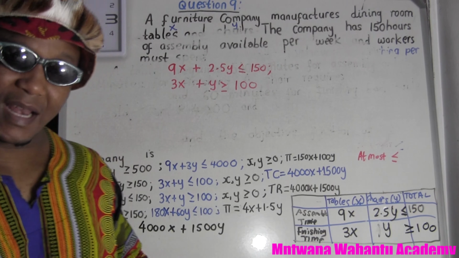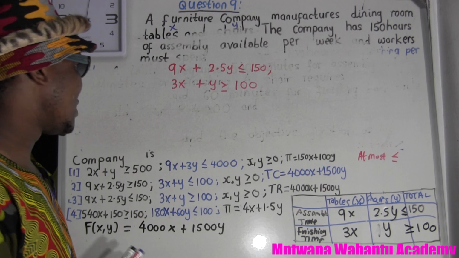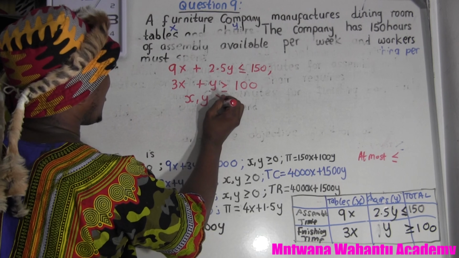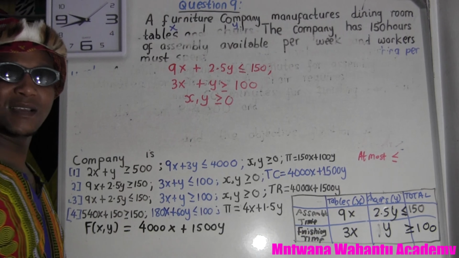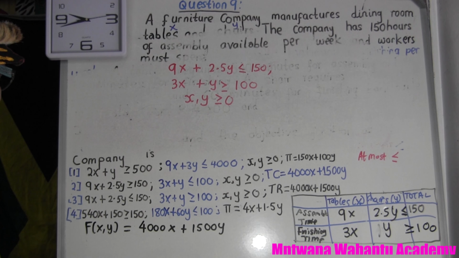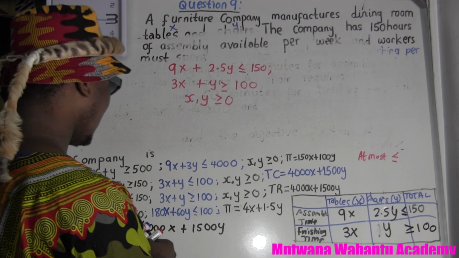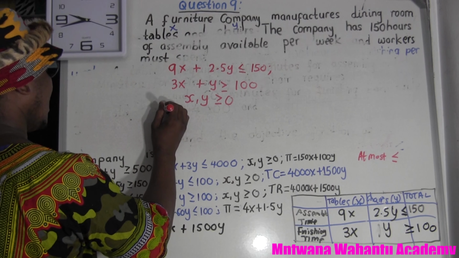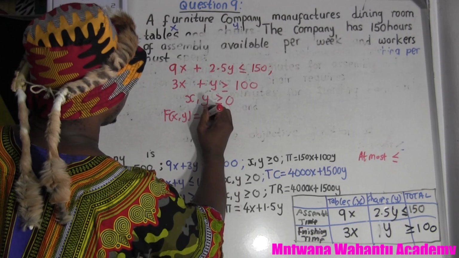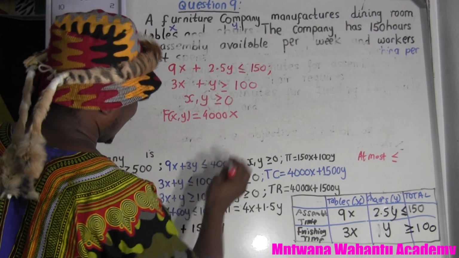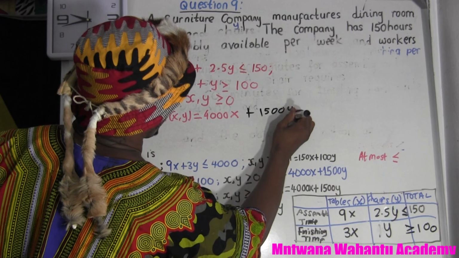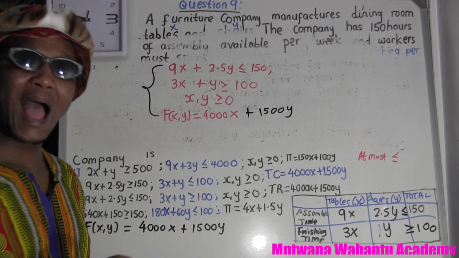And another thing, you have to write this: x and y are greater than or equal to 0. You always have to write this in any set of inequalities. And then do not forget your objective function, which you can write as f(x, y) equal to 4,000x plus 1,500y. So these are our constraints.